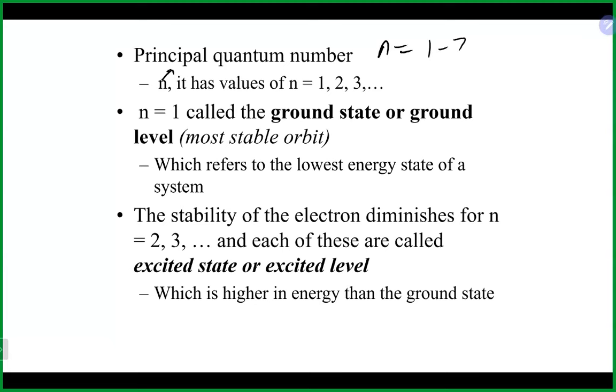And again, as I mentioned earlier, N equals 1 is the ground state, closest to the nucleus. Anything above that is considered an excited state and would be further away from the nucleus, a little higher in energy. So the idea of Bohr's model is we have these electrons in these orbits moving around in these nice pretty circles.